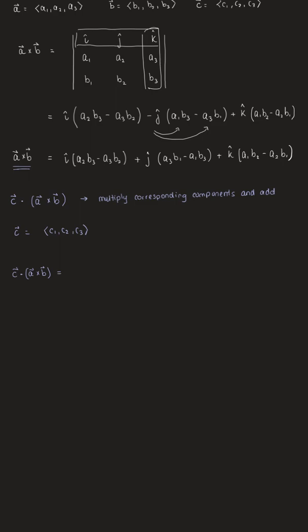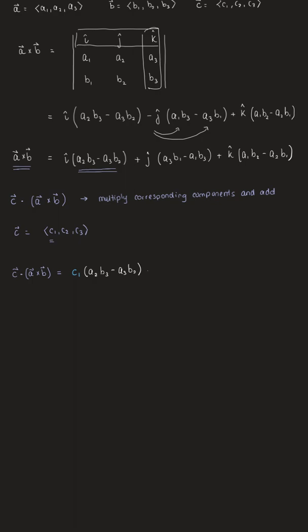We're going to take C1, the first component of C, which has to multiply the first component of A cross B. So that would give me C1 times the first component of A cross B, A2B3 minus A3B2.